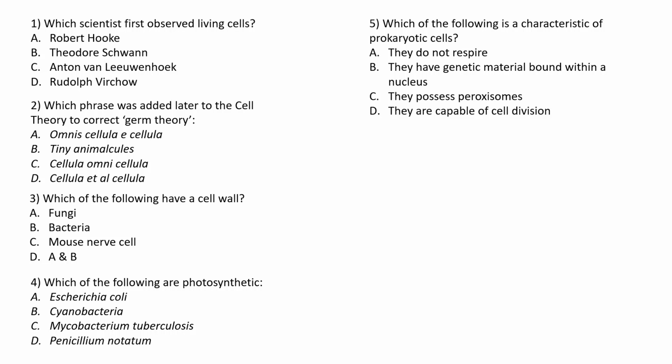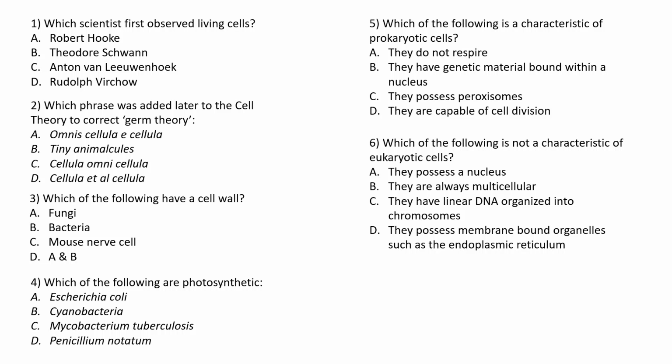Because, of course, they can respire. They have all of that machinery. They have their genetic material, but they don't have that bound within a nucleus. They don't have a nucleus. It's just kind of in the cytoplasm. And they don't possess peroxisomes. They also don't possess other membrane-bound organelles like mitochondria and the Golgi and so on and so forth.